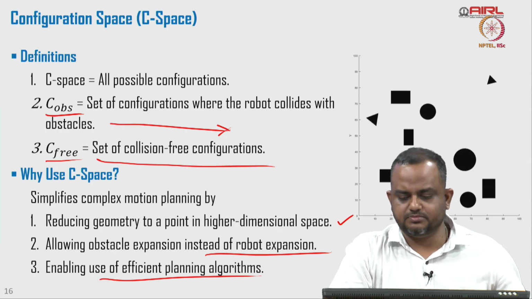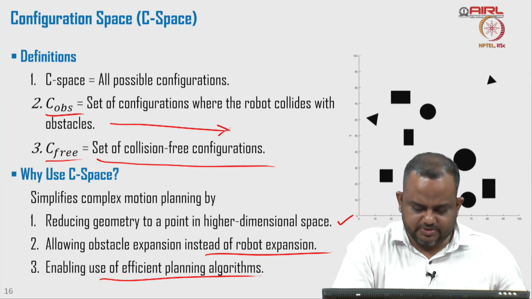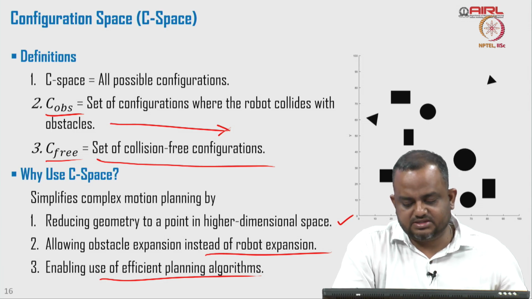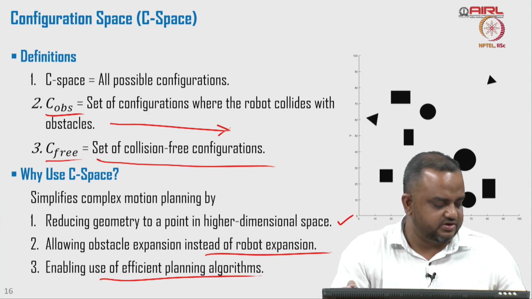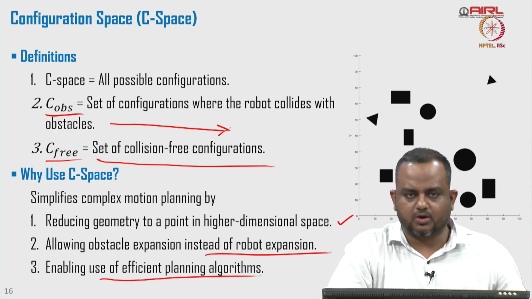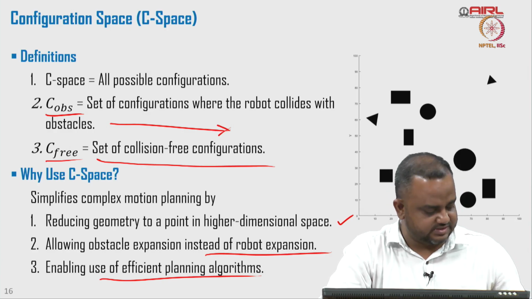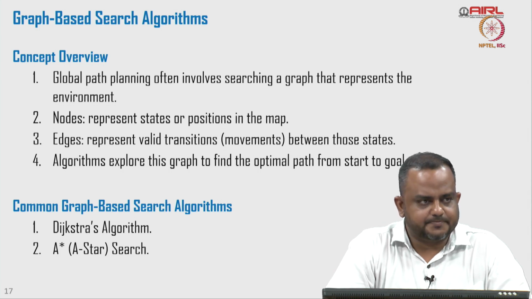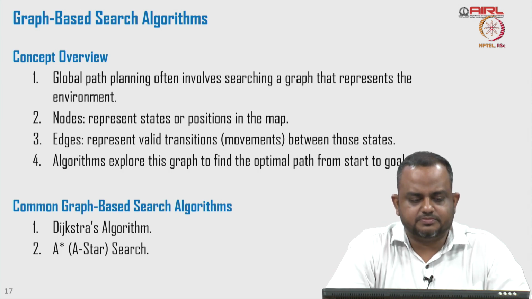So, this is a geometric map which gives a very close representation of configuration space, where we can see what kind of obstacles are there, which spaces are occupied by the obstacles, which are the free spaces, etc.